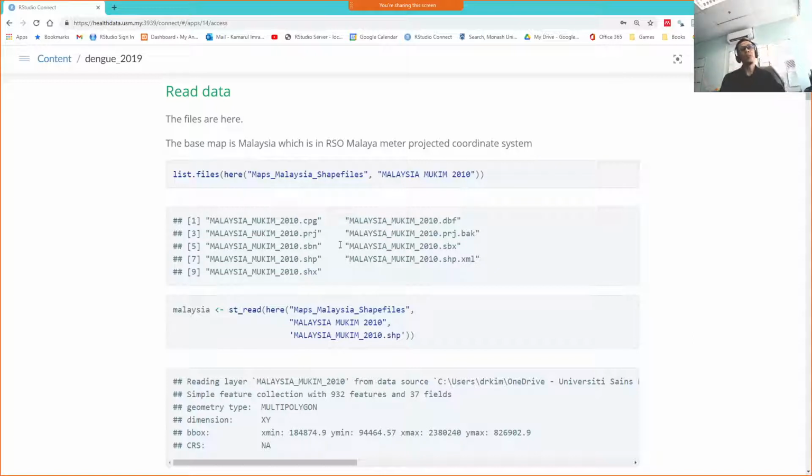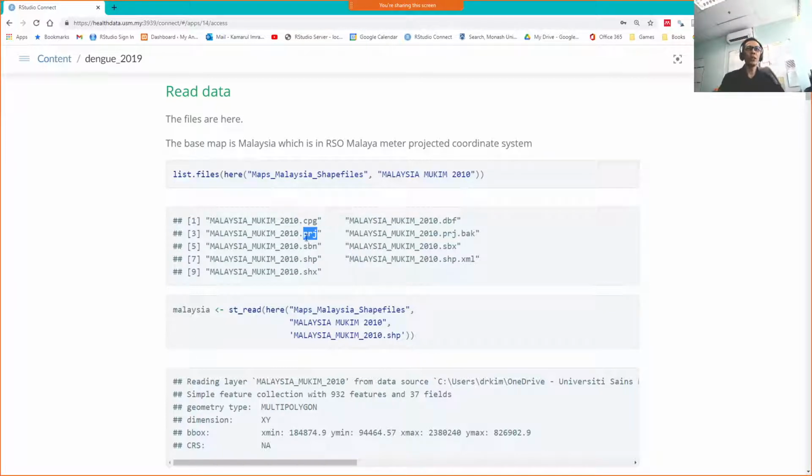So you get a few files tu kan, CPG, PRJ, SBN, shapefile, and other things, including this PRJ. Quite a number of people miss this very important PRJ file. The PRJ file contains the coordinate reference system for the data.